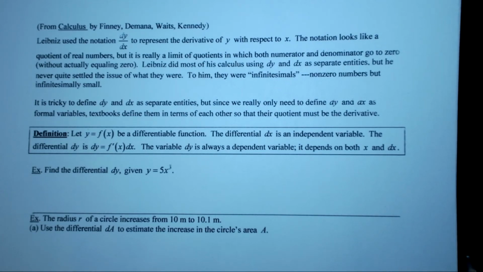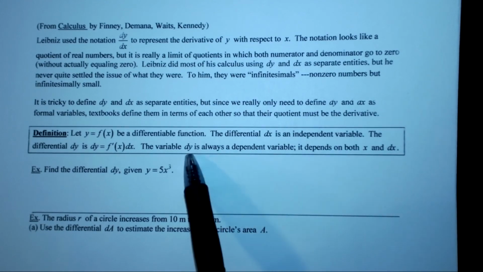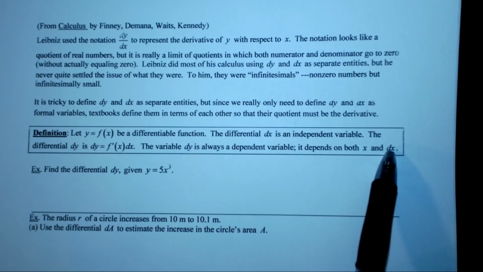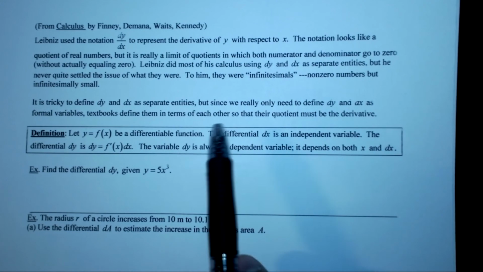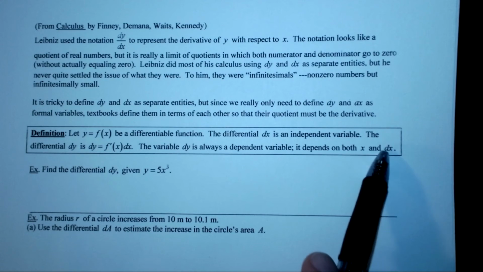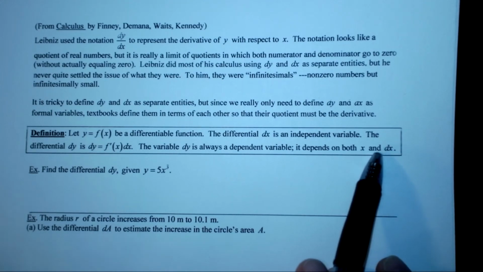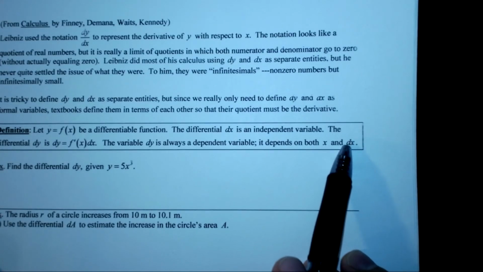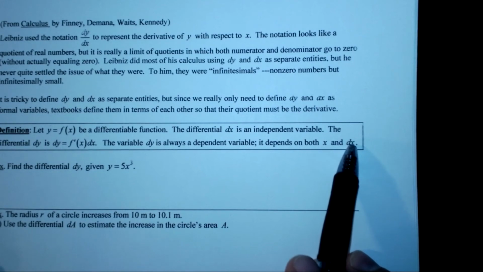one way that'll really help you understand what dy and dx really mean: dy is essentially the change in y, d stemming from delta, so delta y, change in y, right? And dx stemming from change in x, or delta x, right? So change in x.